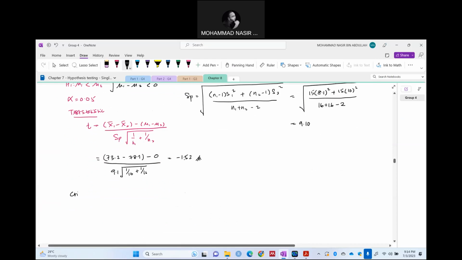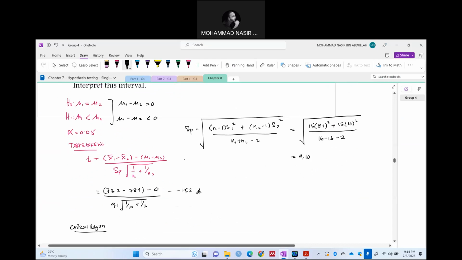Right, critical region. In this case, we have mu1 less than mu2. So this is a one tail test. So where is the rejection region, on the left or right?